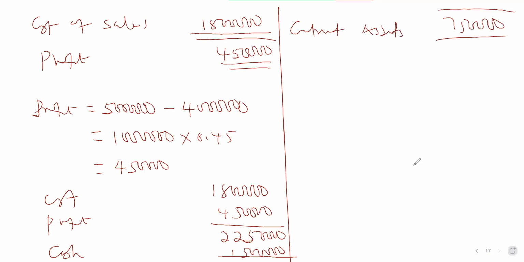We have completed this part of the work, so this is the cost, this is the profit, and this is the amount that you are going to pay us. But you have paid us only 1.5. So the remaining amount that you are owing is what we call the contract asset.